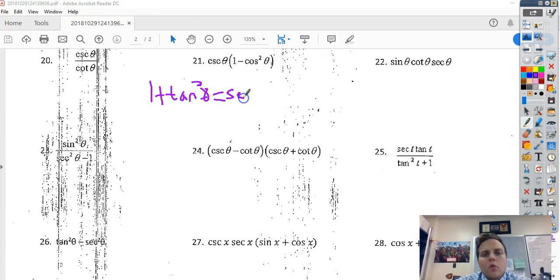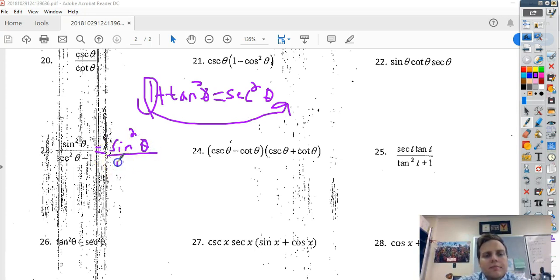So if you were to take this 1 and move it over, that would make it a minus 1. So then I'd have secant squared theta minus 1 right here, and it'd be equal to tangent squared theta. So I can rewrite this as sine squared theta over tangent squared theta.